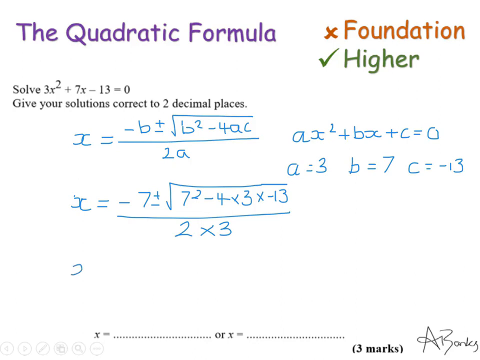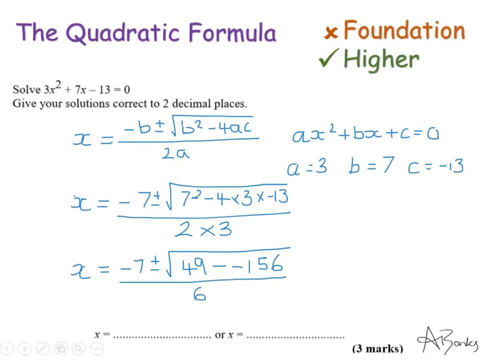So I have x equals minus 7 plus or minus, and we can simplify what's underneath this square root. I've got 7 squared, which is 49, minus, and then 4 times 3 times minus 13 is minus 156, all over 6.